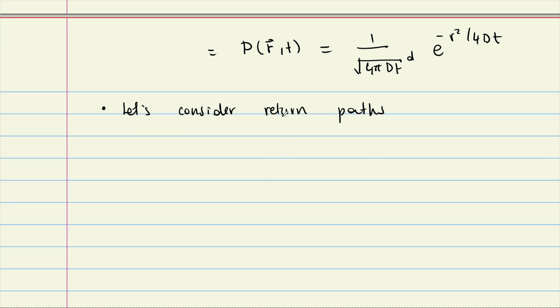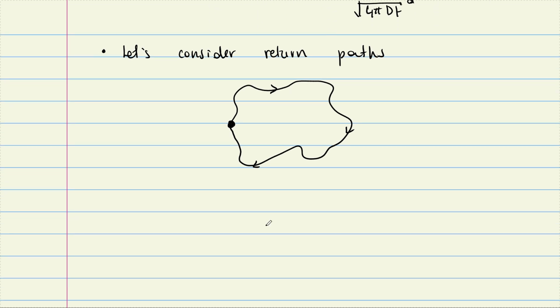Basically, right, if I take r equal to 0, I'm going to be starting from here. I'll do many impurity scatterings and I'll come back to here. So maybe there's one impurity here, another one, another one, another one. Something like that.